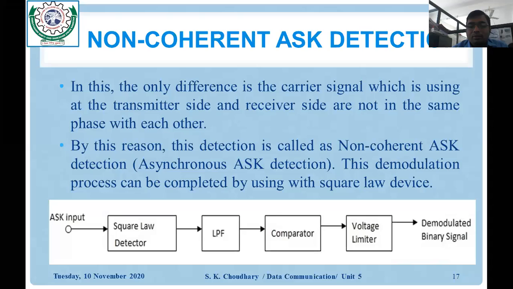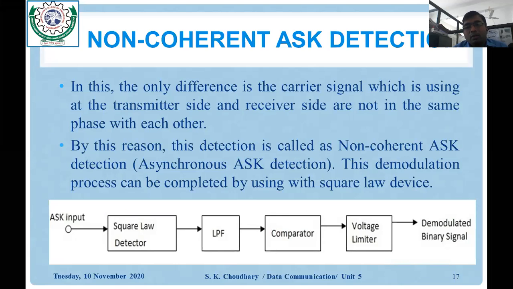First it passes through the square law detector, where the carrier signal cos omega naught t, or cos 2 pi f naught t, is squared, and a second frequency component is generated.